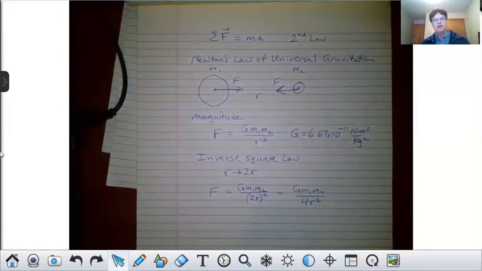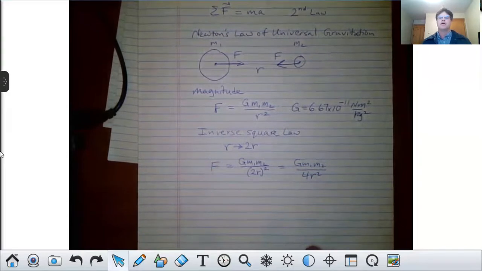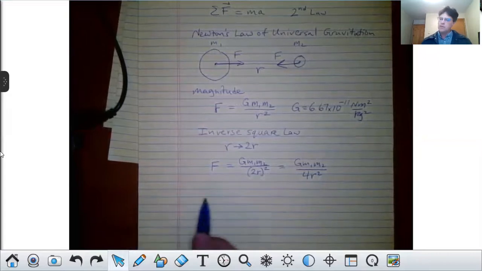So what happens is when you double the distance, you actually reduce the strength of the force by 1/4. Maybe you can see, what if I tripled the distance? I made this 3r, right? I'd get a 9 here. And so the force reduces by a factor of 1/9. So this is what I mean by an inverse square law, right? The force gets weaker as the square of the distance. And so it gets weaker fairly quickly due to that 1/r² dependence that it has.